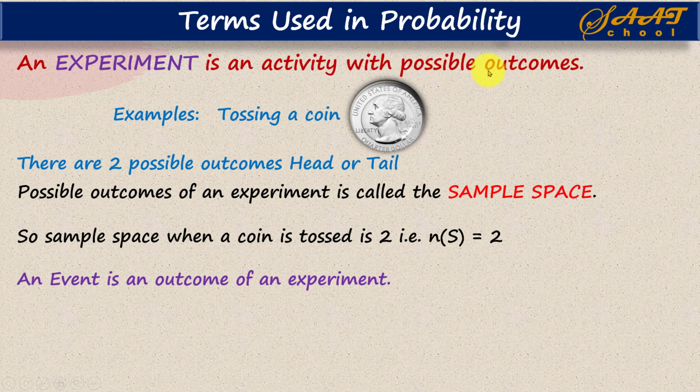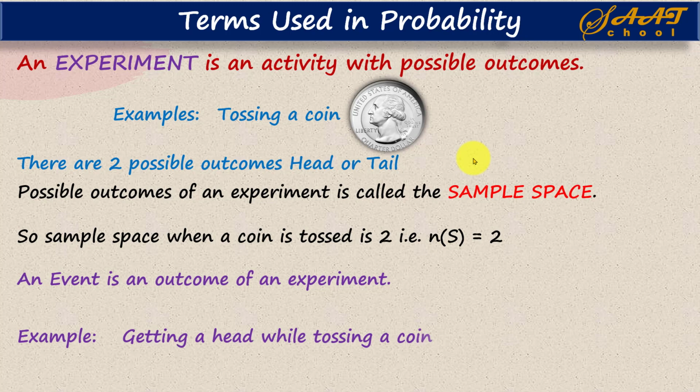In this case, the possible outcome is either head or tail. So getting a head or getting a tail is an event. For example, getting a head while tossing a coin, or getting a tail while tossing a coin, is an event.